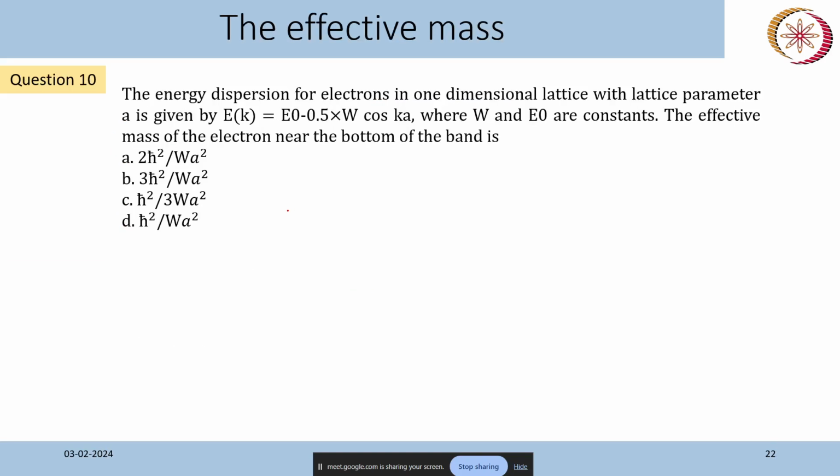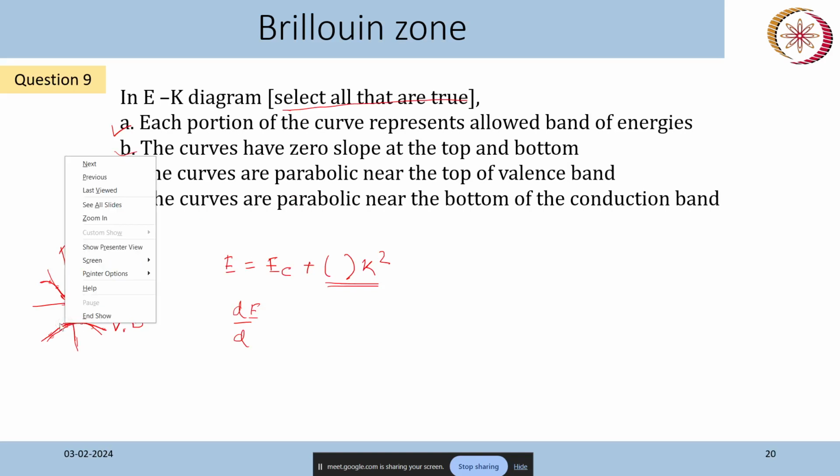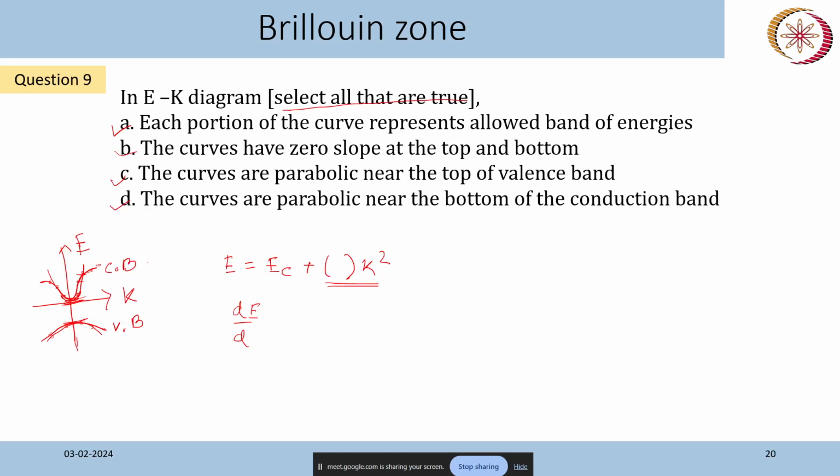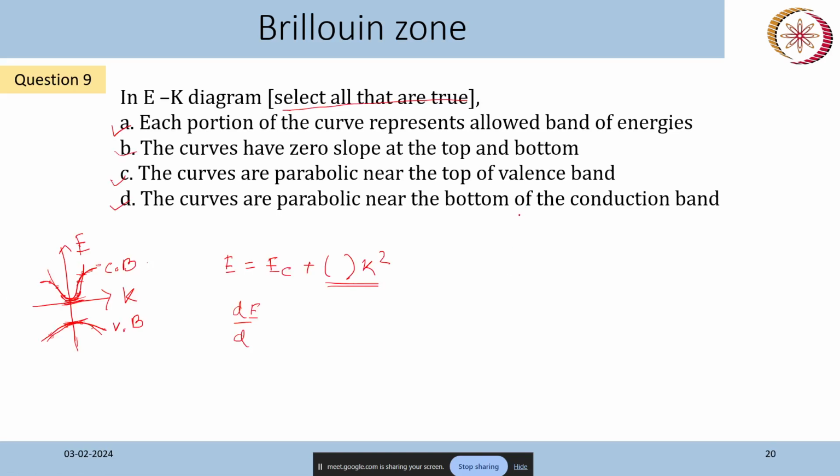But the slope is not zero at the top, right? Slope is constant at the top. So what will be in the form of some constant and k square, h square k square.